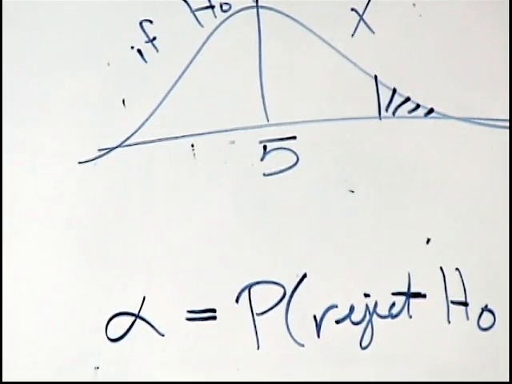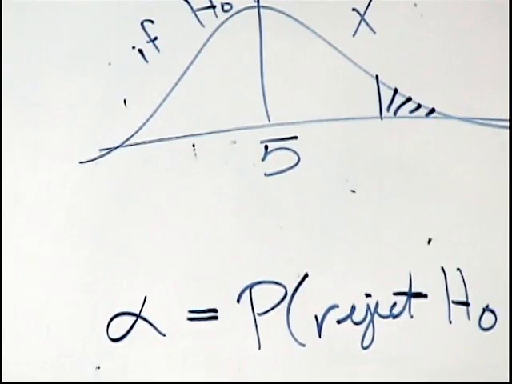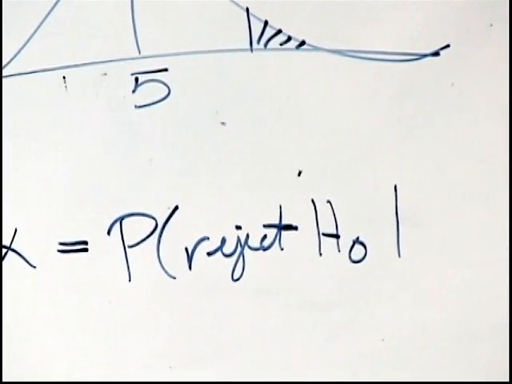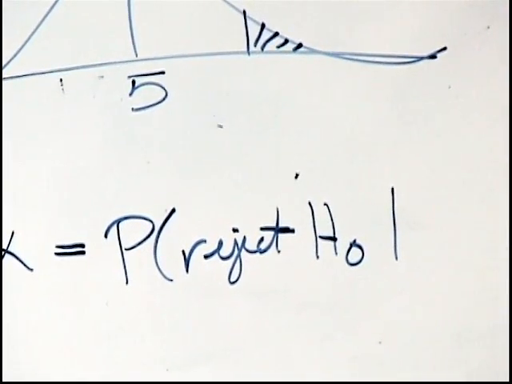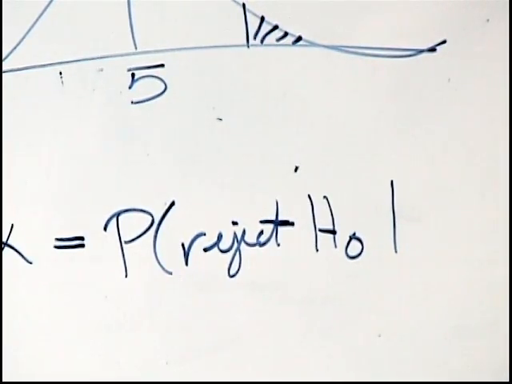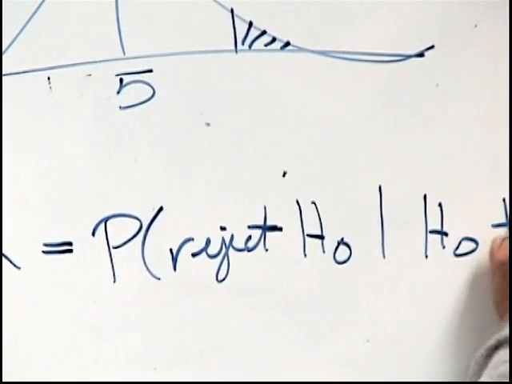Did you hear that bad word? When what is true? I can't help it. When which one is true? Alpha is the probability we reject H0 when? No. When H0 is true.